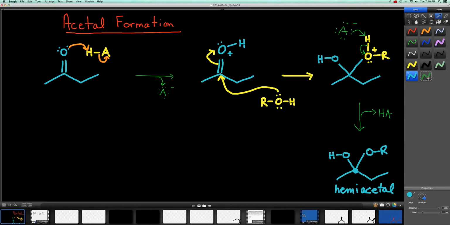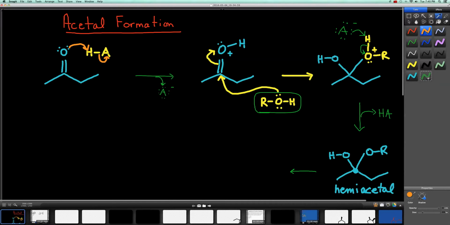The hemiacetal will continue to react with HA unless I very carefully only have a stoichiometric amount of the alcohol that is added. Unless you are given reaction conditions where it is explicitly stated that you only have one equivalent of the alcohol, you should assume that you have an excess and that this reaction mechanism will continue. Now we're about halfway through this mechanism, so let's take a moment to look at the steps.